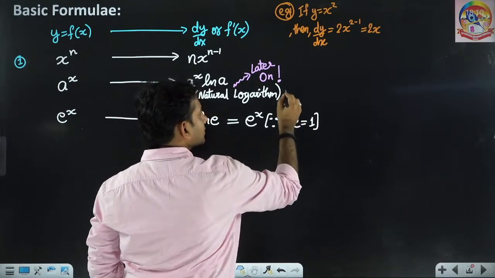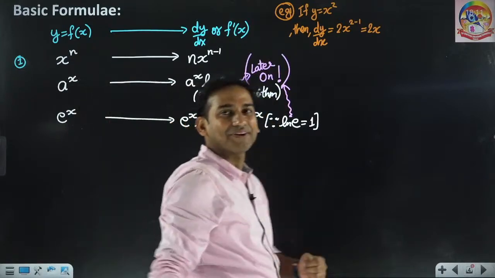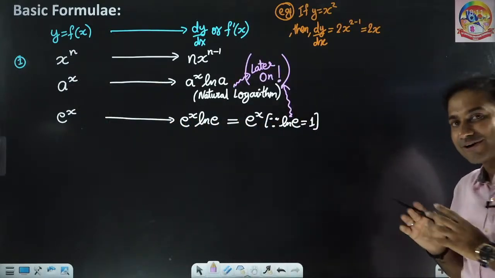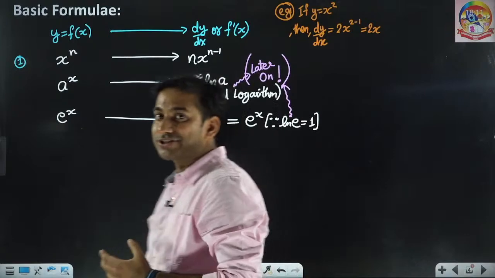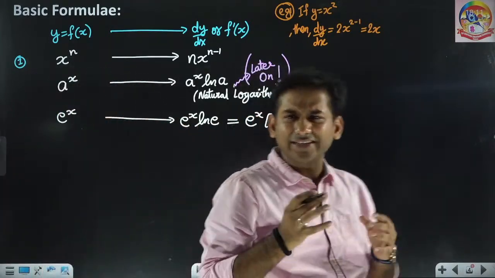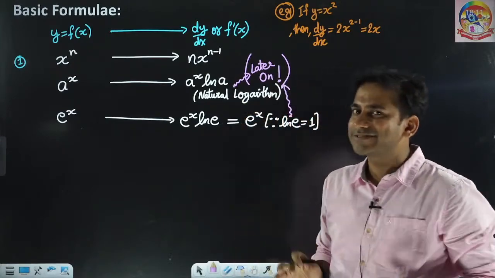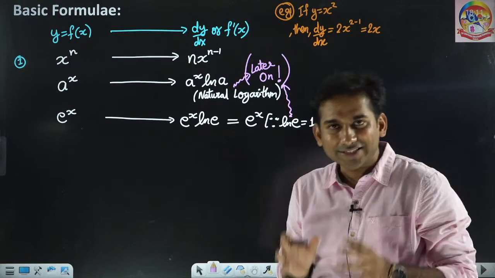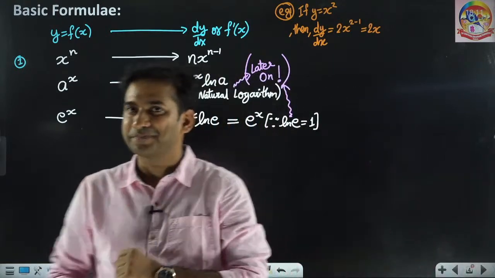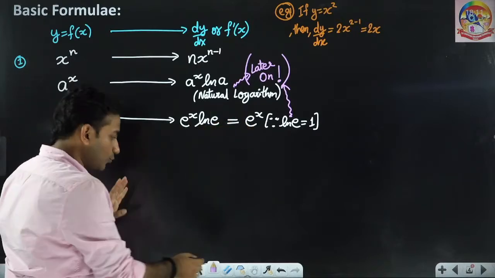That will be discussed later on the basis of properties of logarithm. Log function, logarithm, anti-log, exponential, there is a lot to learn, but we are not going to learn everything in one session. We will do it step by step, because things will be very easy. You just need to have a strategic preparation. So the derivative of e to the power x is e to the power x only.